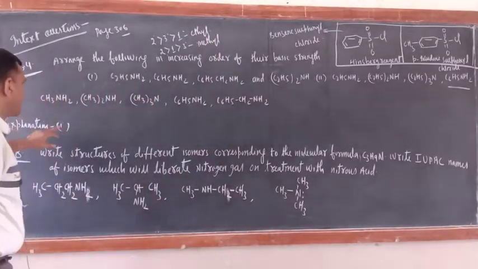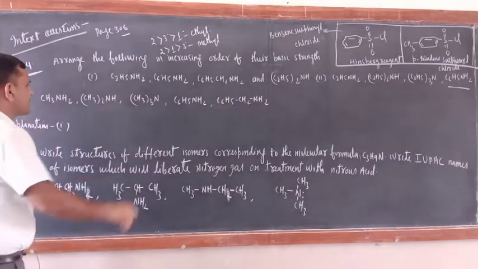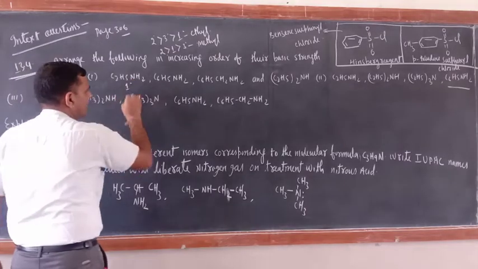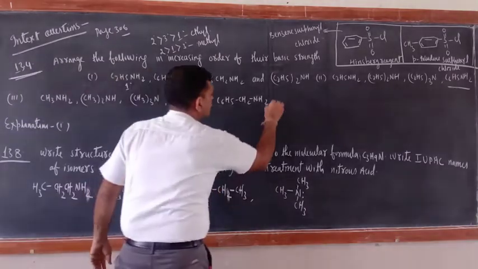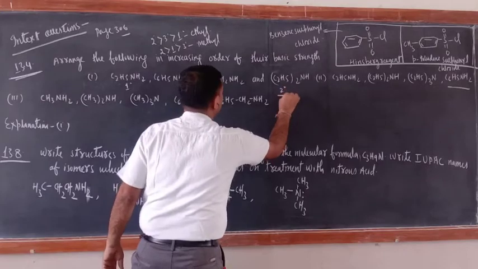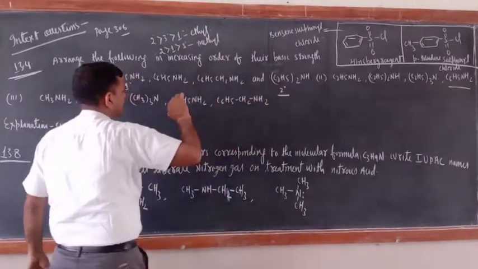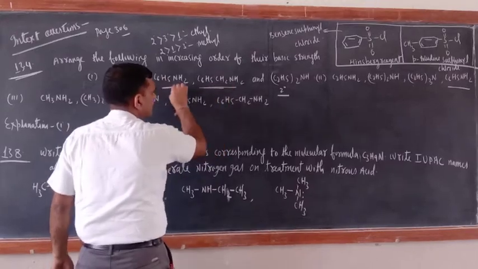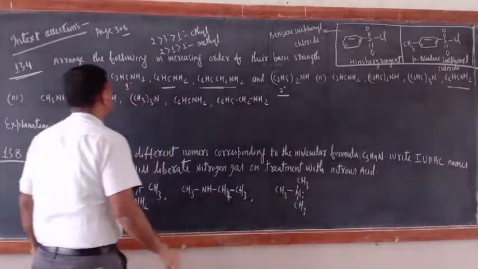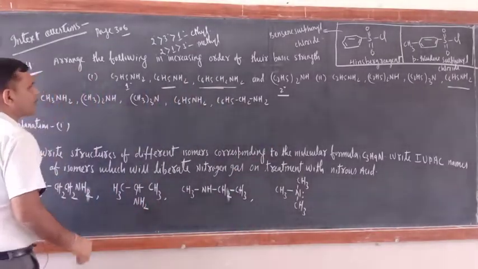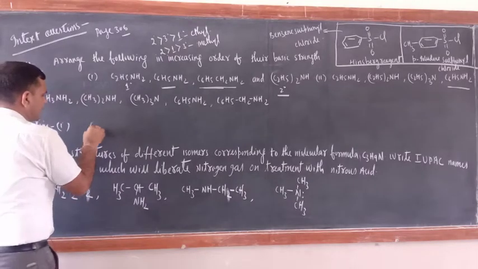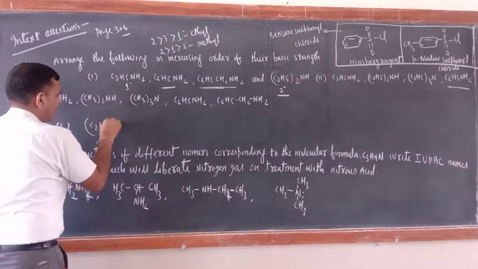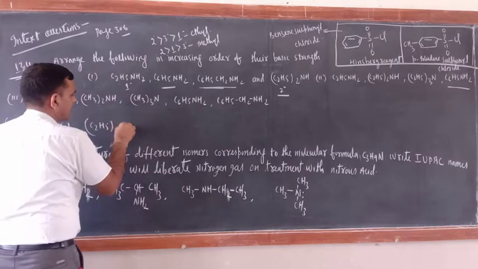So let us first complete this one. This is 1 degree, this is 1 degree. This is 2 degree, this is 2 degree. 3 degree they have not given. This is an aryl alkyl amine and this is aniline. First you should write the 2 degree amine, (C2H5)2NH.